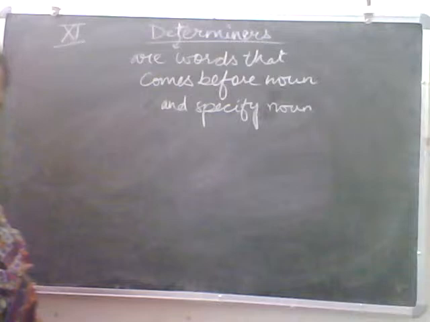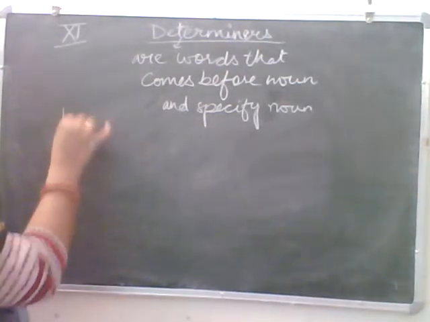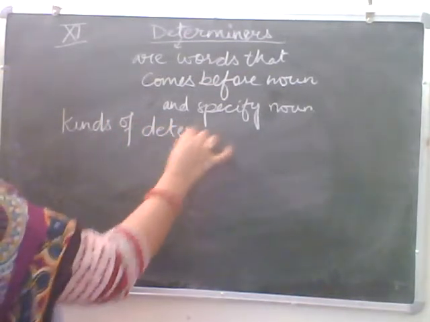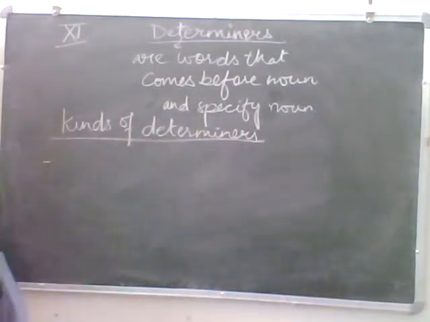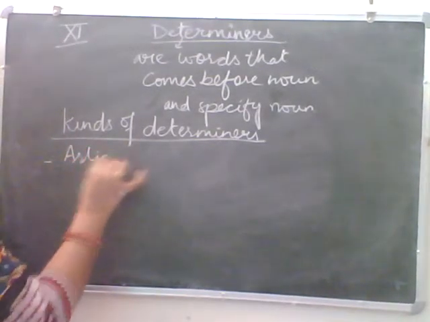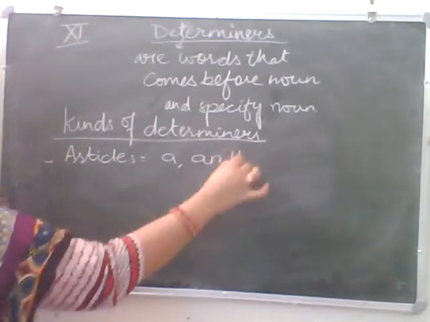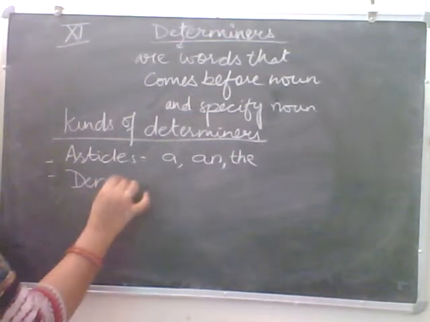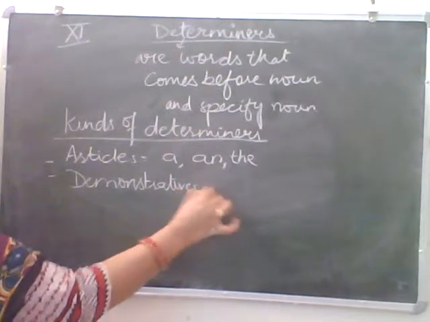Now let's take the kinds of determiners we are going to do. The first determiner we are doing is called articles. These are the words where we use a and the. Another kind is the demonstratives.